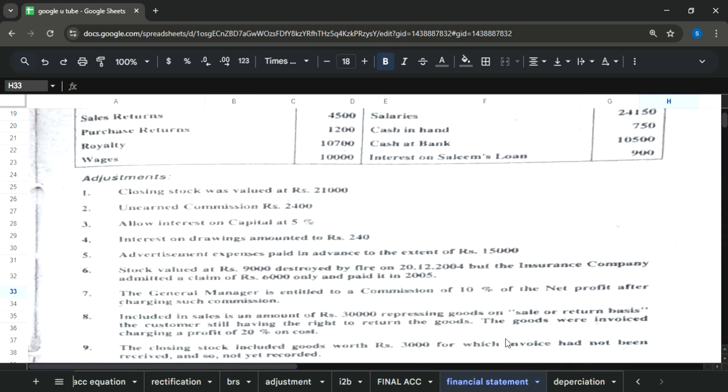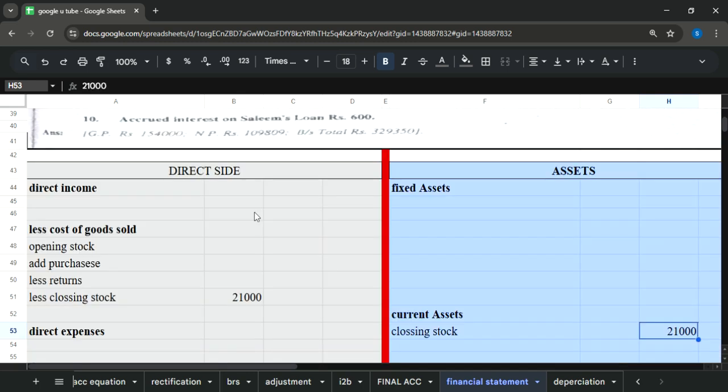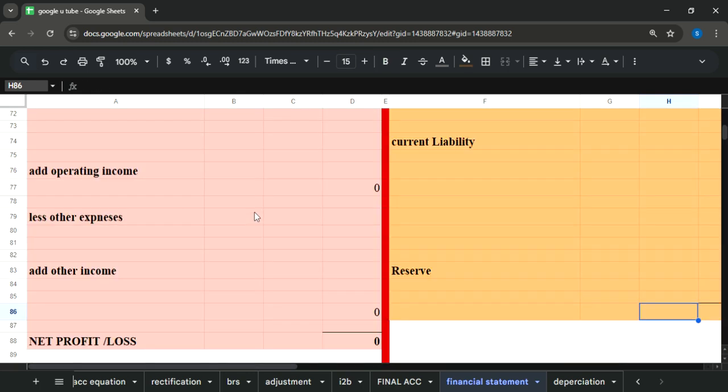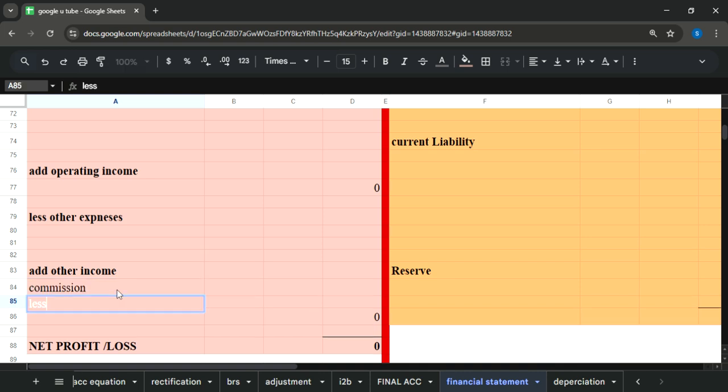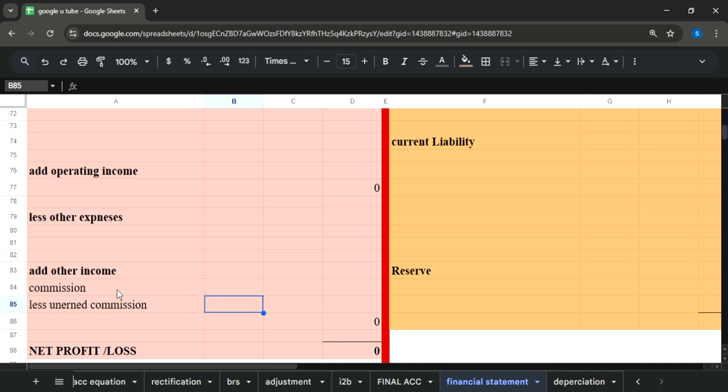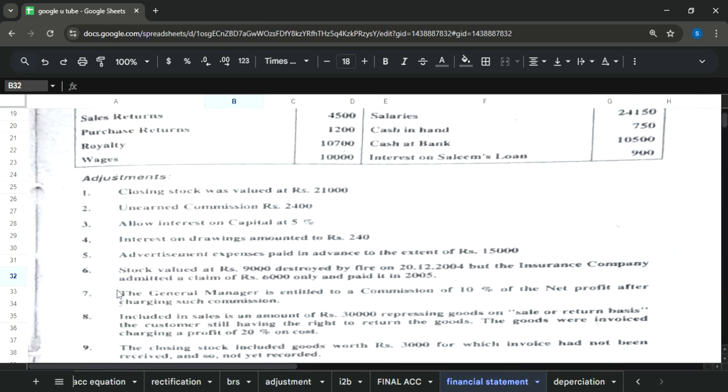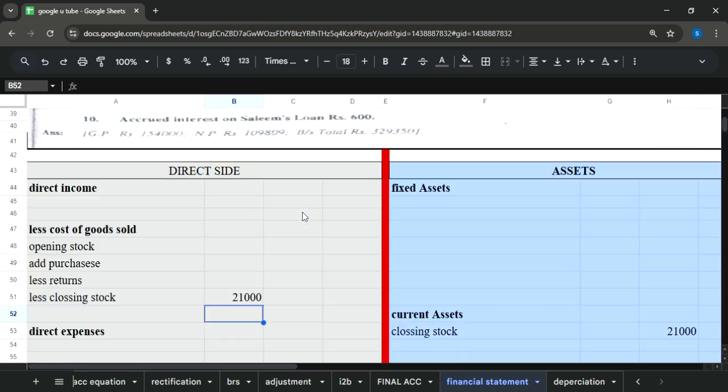We will now see our second adjustment, which is unearned commission. Since it is earned or unearned, we will consider it as income. We will go to the other income side. Here you will mention commission, and since it is unearned, we will subtract this commission from here, and the amount of unearned commission is 2,400.